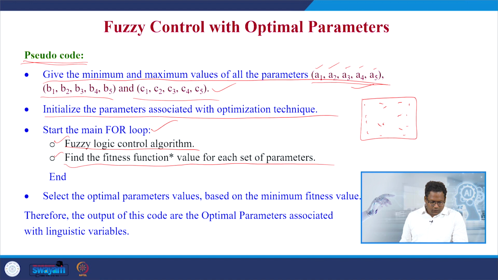So, there is a total of 5 plus 5 plus 5, so 15 membership functions with these design variables.